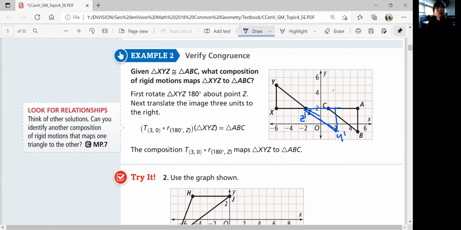That's a rotation about point Z. And then you move all the points 1, 2, 3 units to the right. So it's a translation of (3, 0) after a rotation of 180 degrees about point Z. The composition of this rule maps triangle XYZ to triangle ABC.